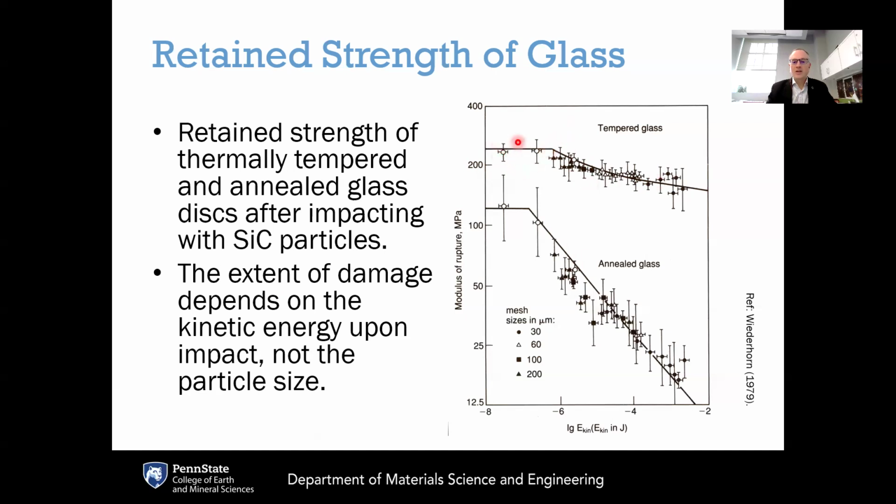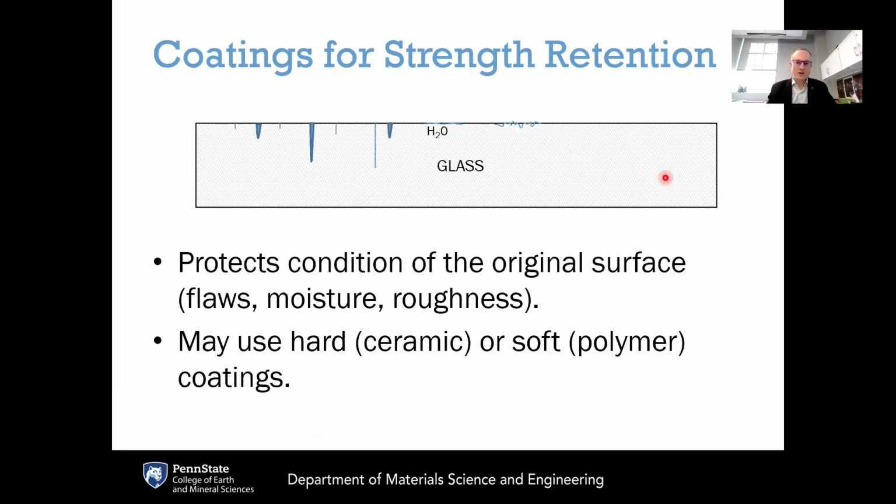So not only is the base strength higher, but there is less loss of strength after being impacted by silicon carbide. So thermal tempering is providing kind of a double advantage there: the additional compressive stress that helps prevent the propagation of damage, but it's also helping to prevent the introduction of damage in the first place. So there are some very practical benefits for introducing a compressive stress profile, such as through thermal tempering.